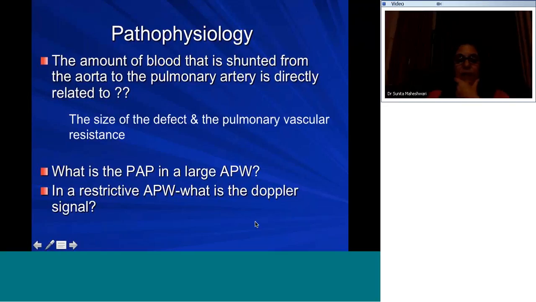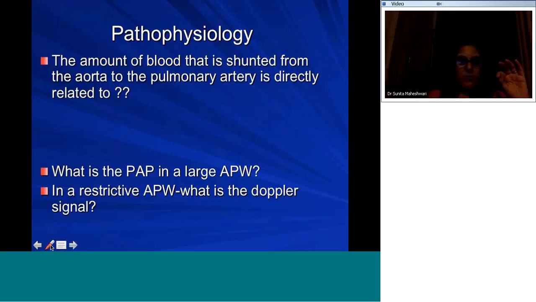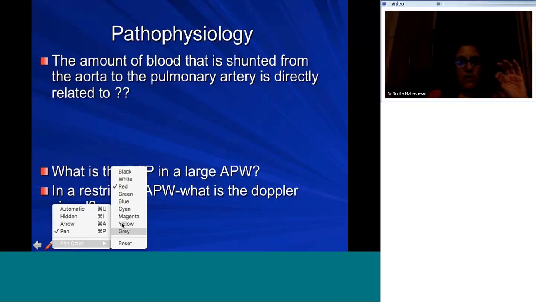In a restrictive AP window, what is the Doppler signal that you get? Because in a restrictive AP window, PA pressure is not going to be systemic, because there's restriction. So holodiastolic, anything else? Think about it.